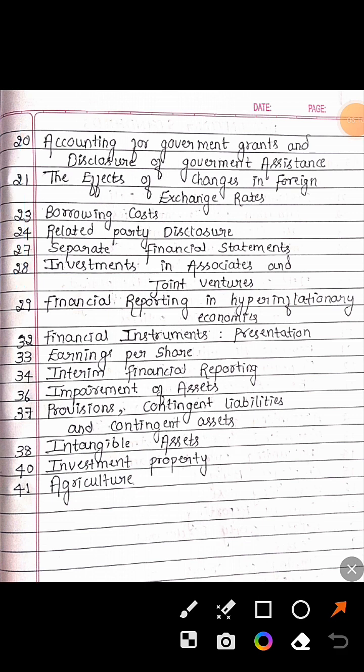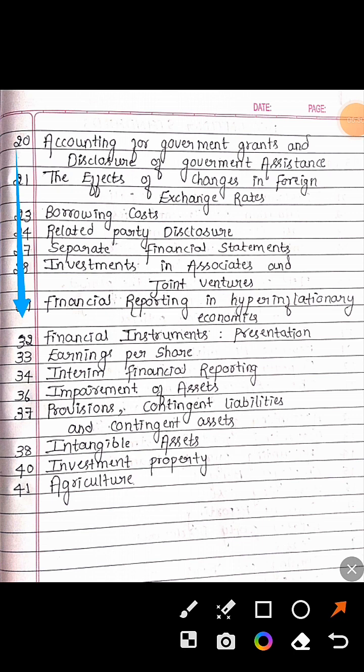The 20 series has been done. Now 32, that is Ind AS 32, financial instruments presentation. In Ind AS 107 we saw financial instruments disclosures, and in Ind AS 109 we saw financial instruments.